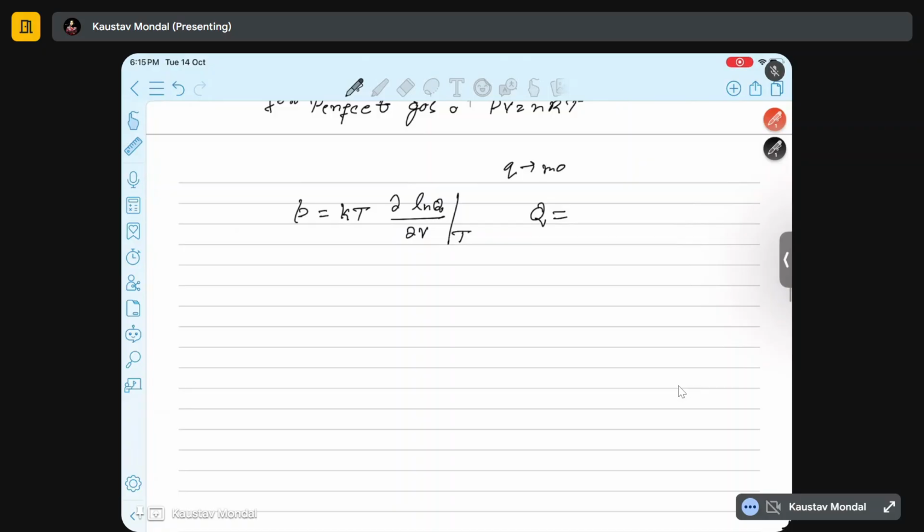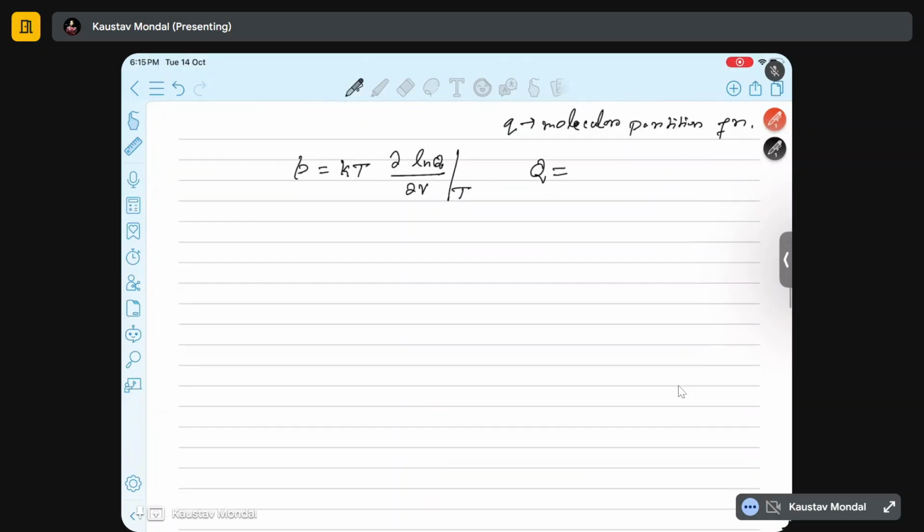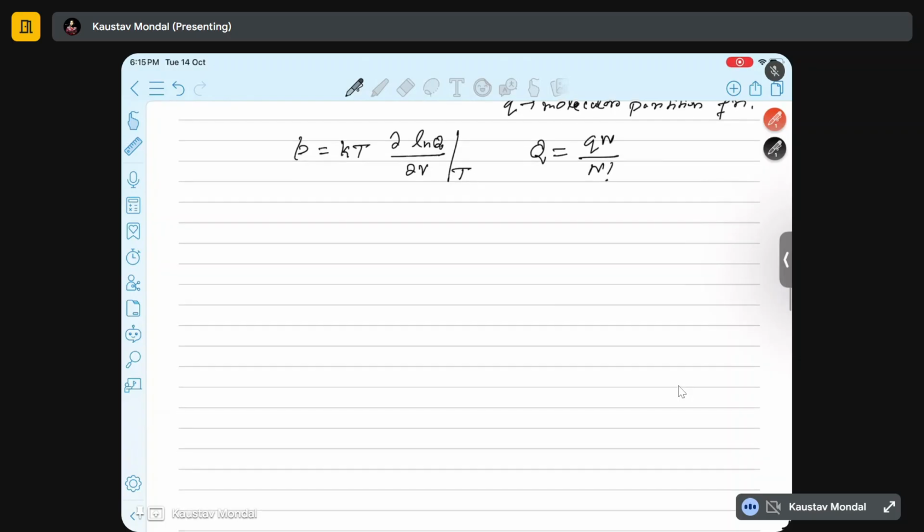Then the total canonical partition function Q can be written in terms of small q for indistinguishable particles as Q equal to q to the power N by N factorial, right?